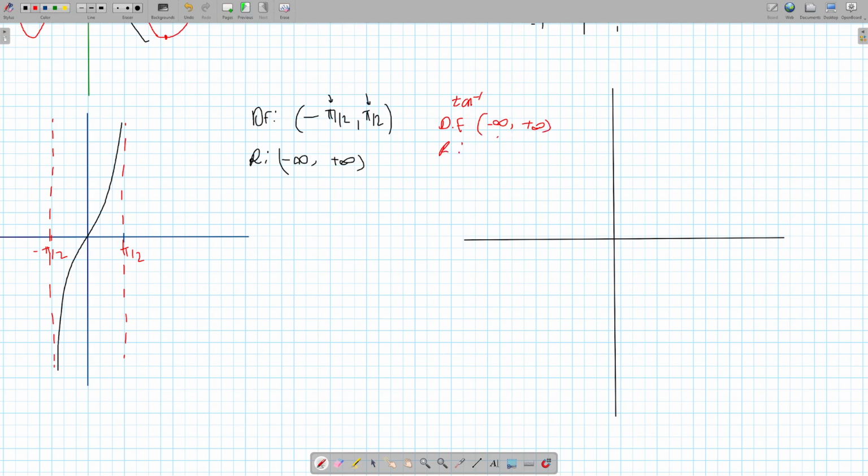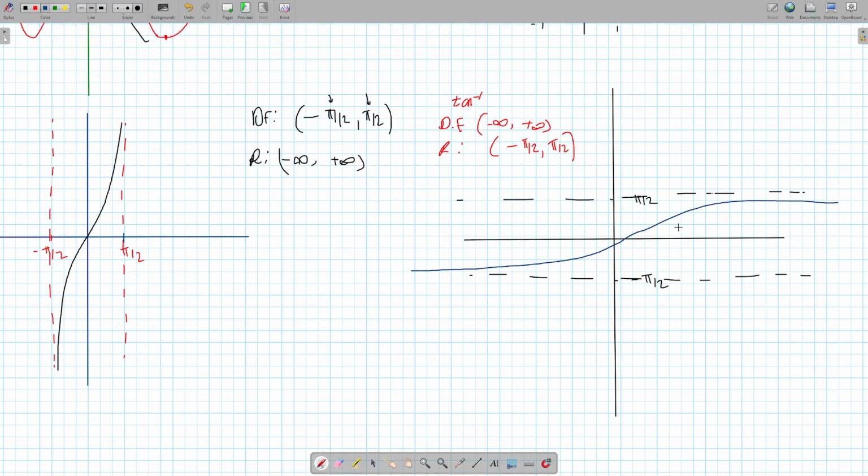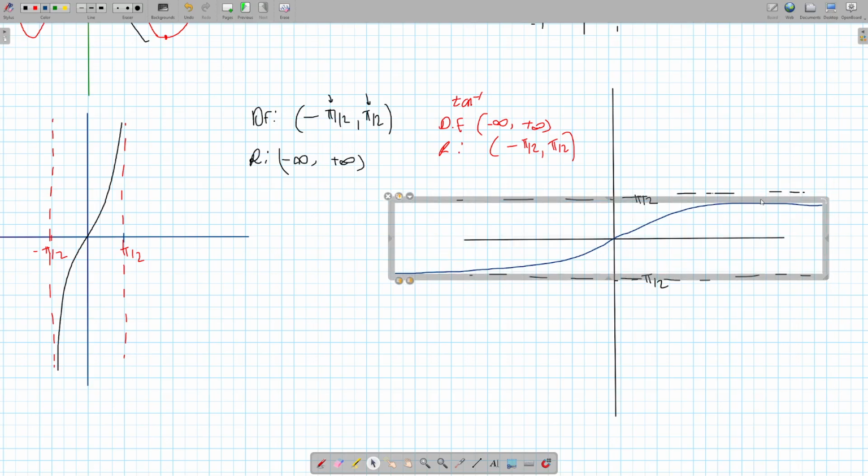The range is minus pi over 2, pi over 2. Please use open brackets, because they're not included. If you get it, but you're never going to get anything, I guess. Anyways, at minus pi over 2 and over here pi over 2, there are asymptotes, because they're not included. It looks like this. Your graph is actually going to look like this. It starts all the way at negative infinity, comes up here, and continues to positive infinity. This is actually how tan inverse looks. Okay, I remember seeing this.